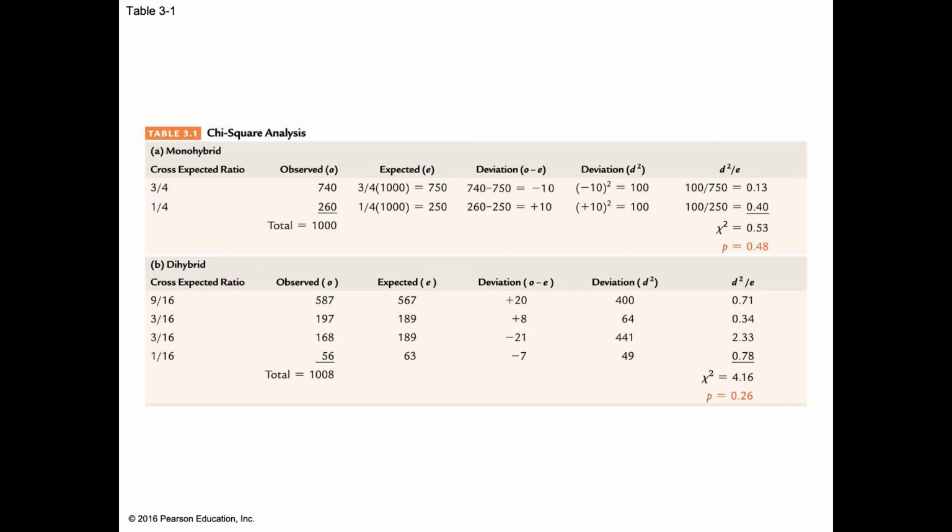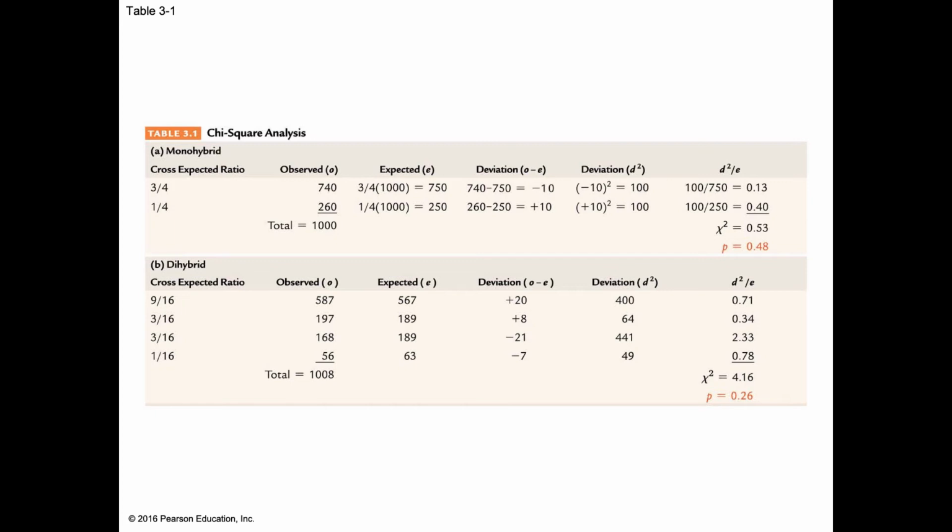If we're generating 1,000 offspring and I'm expecting a 3/4 to 1/4 ratio, how many of my offspring am I expecting are going to be purple? Yeah, 750. So I would expect 750 purple and then 250 white.